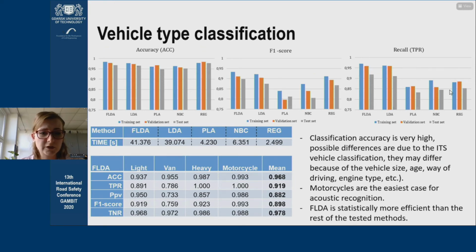In terms of vehicle types, we divided them into 4 categories: light, van, heavy, motorcycle, mainly because of their acoustic differences. So we had light vehicles, vans. They're simply slightly larger vehicles.